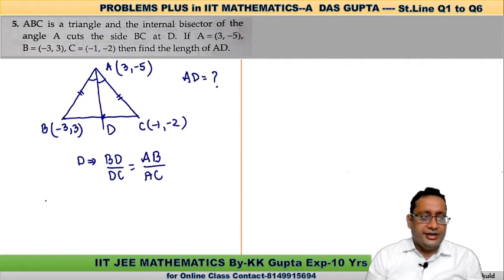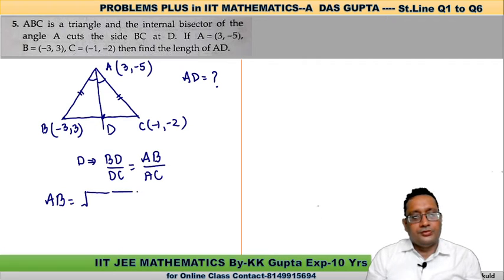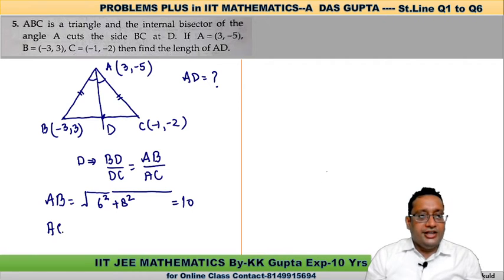Now let's calculate the AB length. AB is equal to under root of (3 plus 3) square, 6 square, and (3 plus 5), 8 square, that means 10. And if I calculate the AC length, (3 plus 1), 4 square, and (-5 minus -2), that means 3 square, that becomes 5.